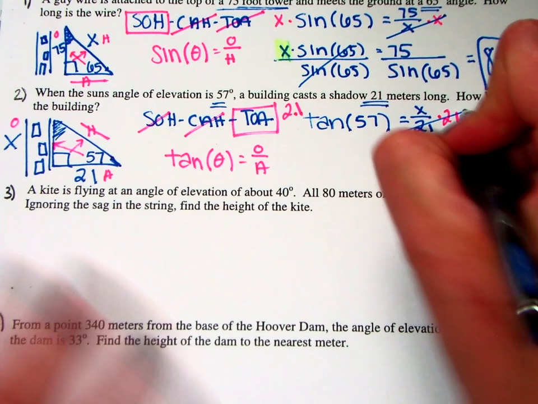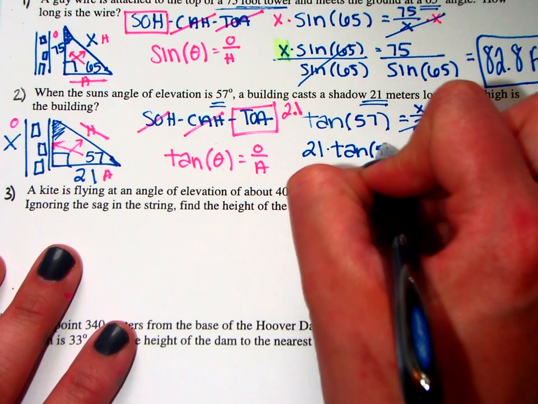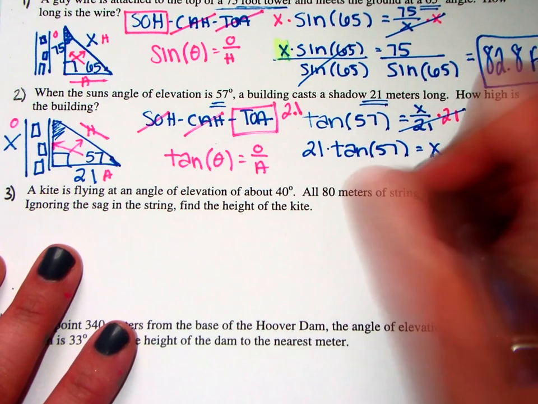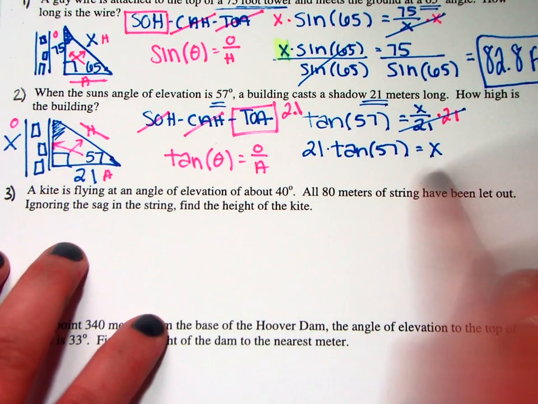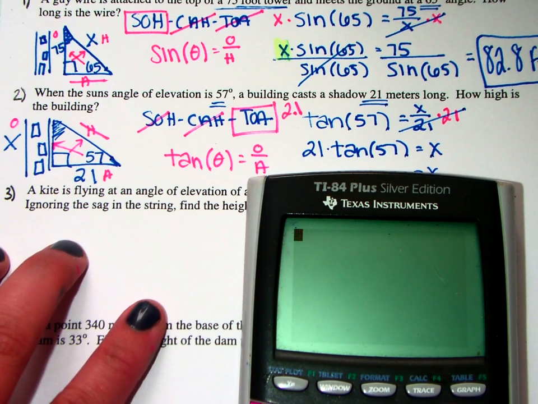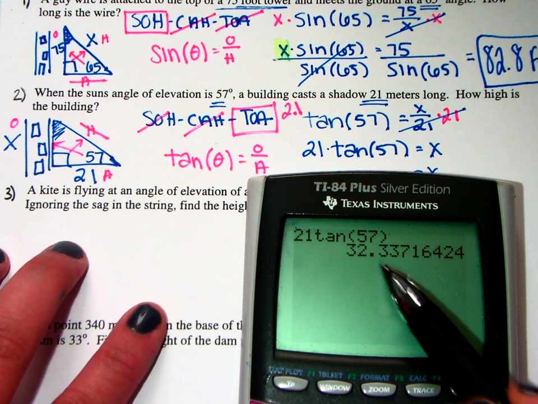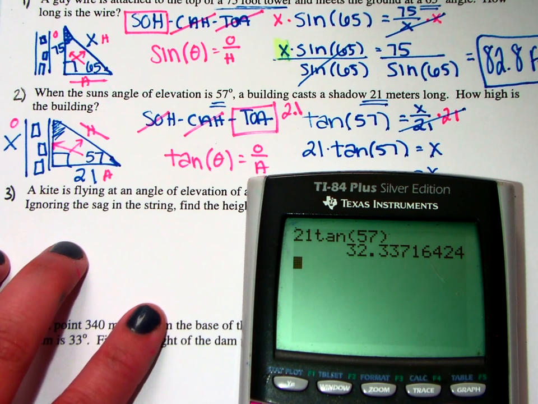These 21s cancel, and I'm left with 21 times tangent of 57 equals X. X is my goal, and X is isolated, so now I can pick up my calculator and do 21 tangent 57. This 3 is not high enough to bump this 3, so it's just 32.3.